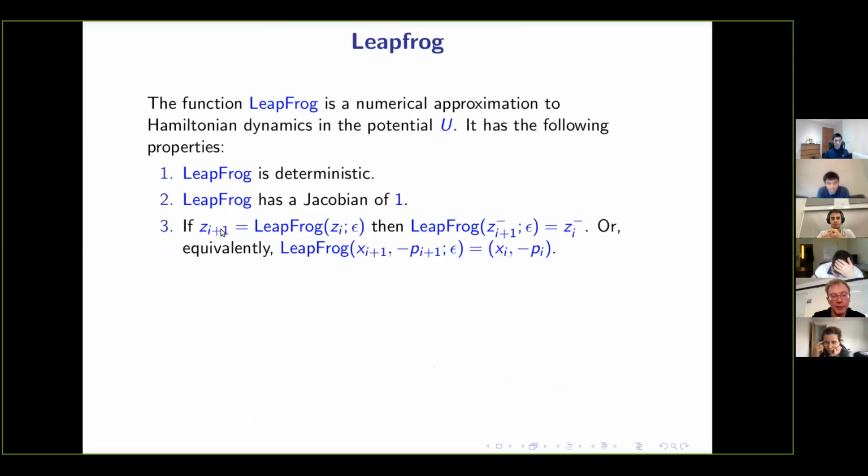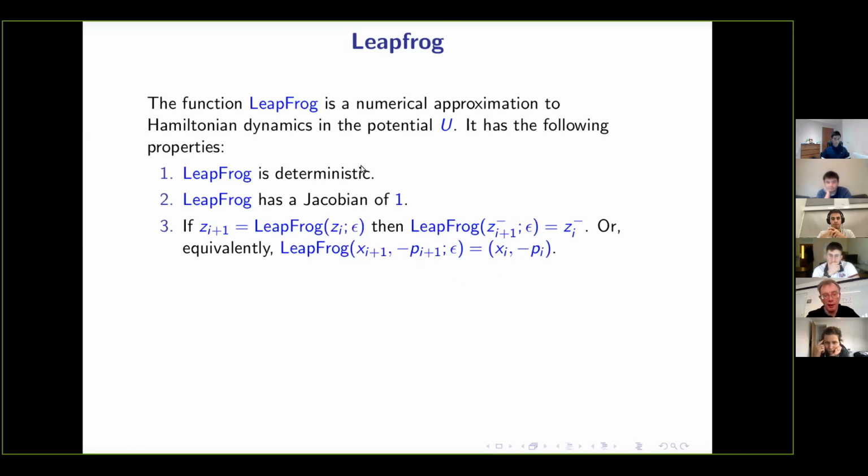And if you're at a current position and you leapfrog and you get Z at the next position, then if you flip the momentum at this next position, so point it in the opposite direction, and do a leapfrog step from there, you get back to where you started, except the momentum's flipped. Or, equivalently, exactly what I've got here.